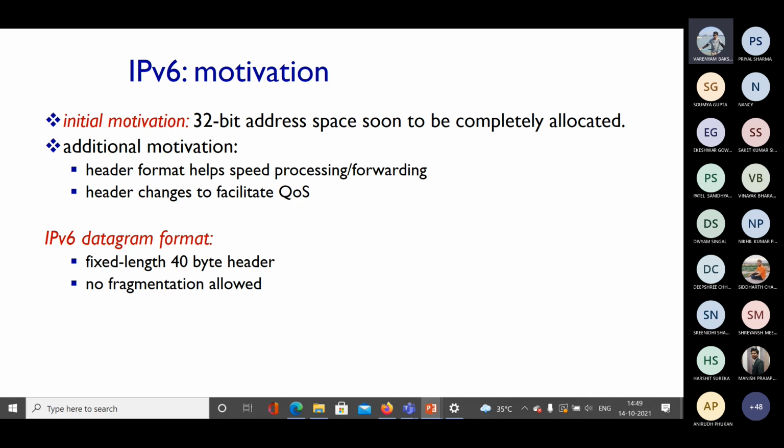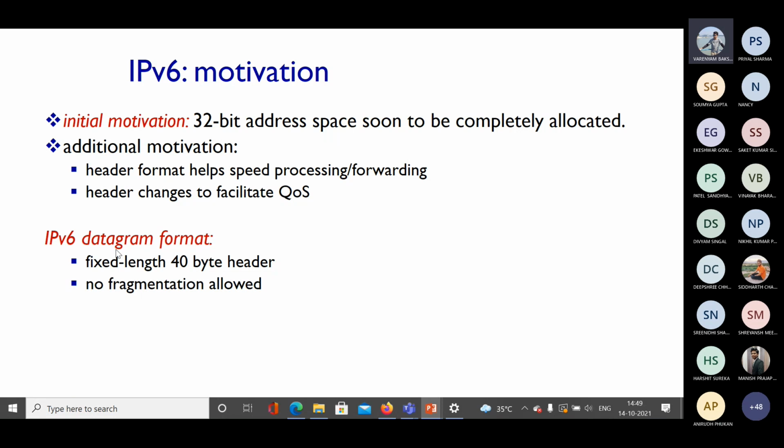And also, because of this change in the header, it facilitates better quality of service or QoS. Of course, if the header processing time reduces, then the entire processing delay at each of the intermediate nodes will also keep reducing, leading to lower delay or better QoS.